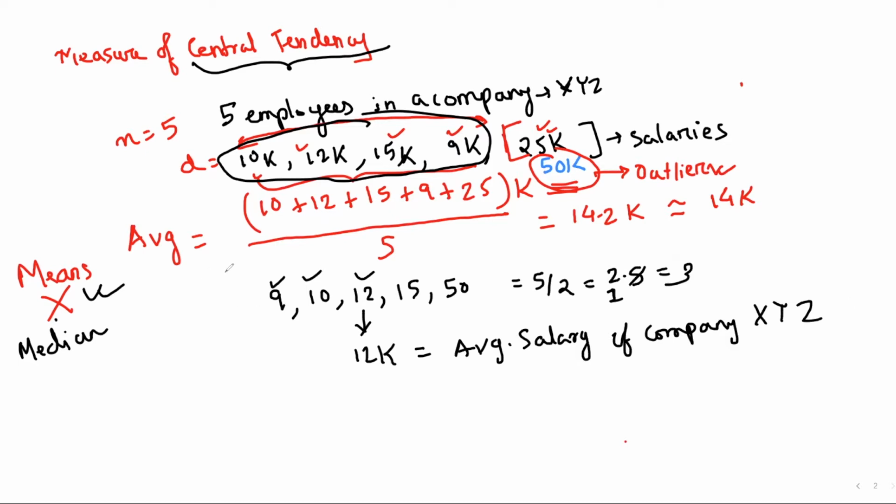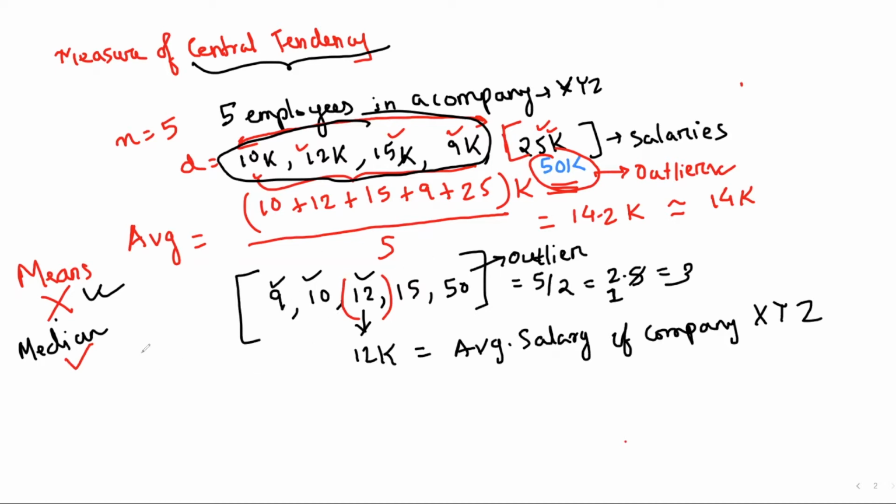So will it solve the problem? Yes, right? So just by sorting this particular data, we have nullified the effect of an outlier, right? And we are placed in the center, right? So median will solve our problem, this particular problem.